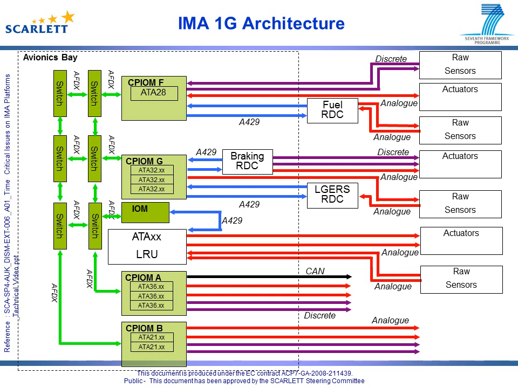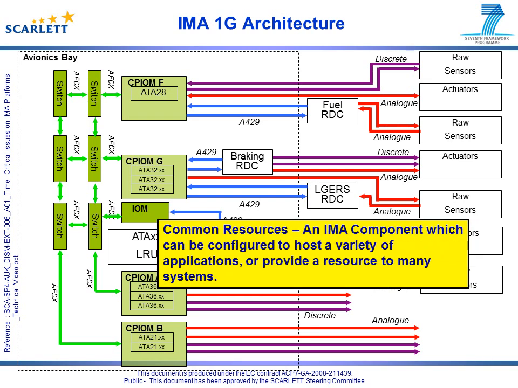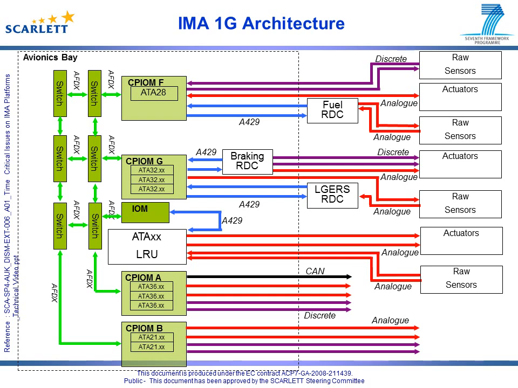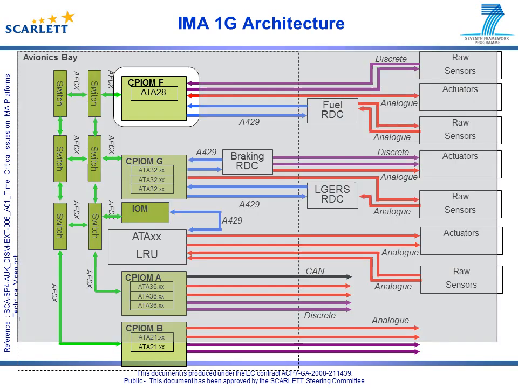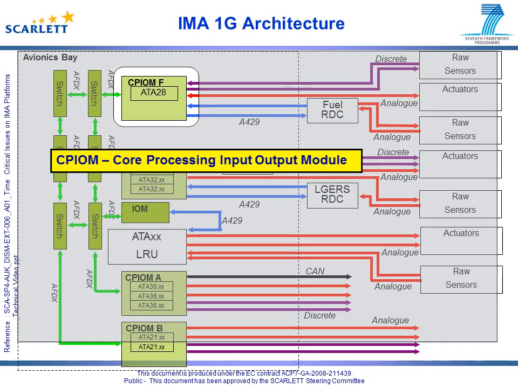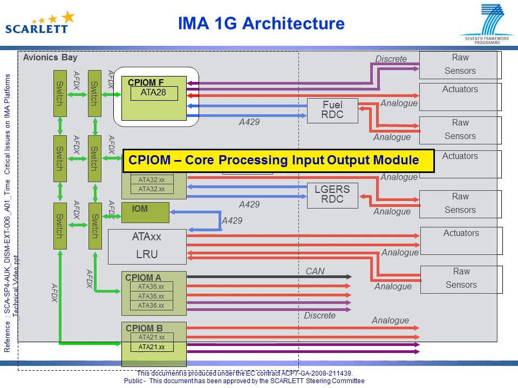Here we have an example of an IMA 1G architecture. A definition which is key to IMA and will be used many times is common resources. Common resources refers to a component which can be configured to host a variety of applications or provide a resource to multiple systems, such as the CPIOMs, the Core Processing Input-Output Module.